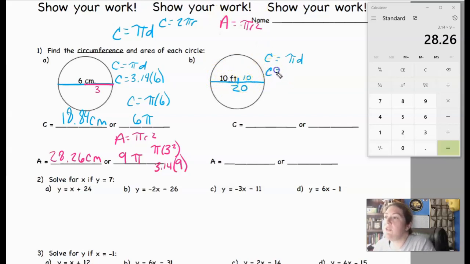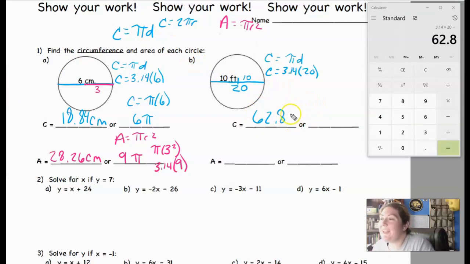So circumference equals pi, which I know is 3.14, times my diameter all the way across. I go to my ultimate cheat tool over here. I'm going to say 3.14 times 20. That gives me 62.8 students.